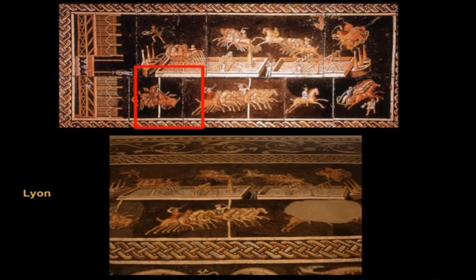If we look at the Lyon mosaic, which is early 3rd century in date, it actually shows 8 starting gates. And there is a white line close to the near turning post, which may be a representation of some kind of break line.